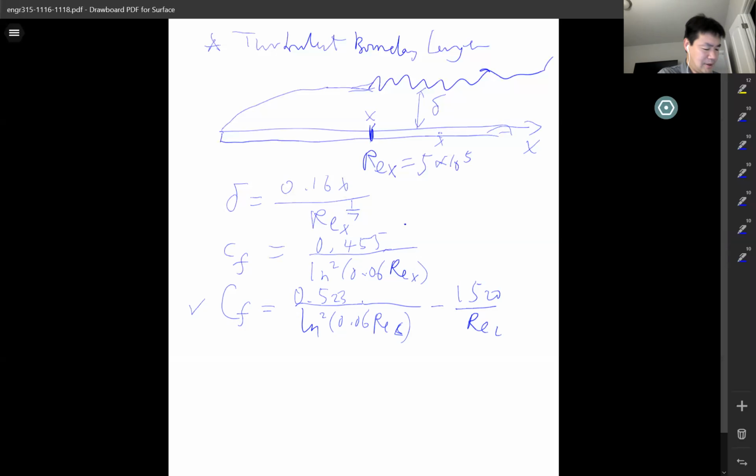Now, heat transfer. Again, we're going to use the Reynolds analogy, right? Do you remember the equation? Stanton number times Prandtl number to the 2/3 equals the skin friction coefficient capital CF over 2.